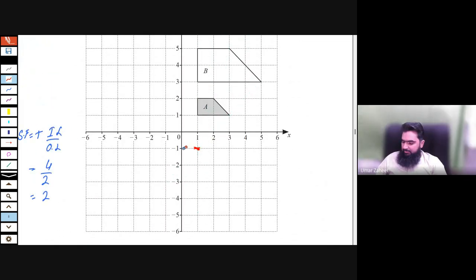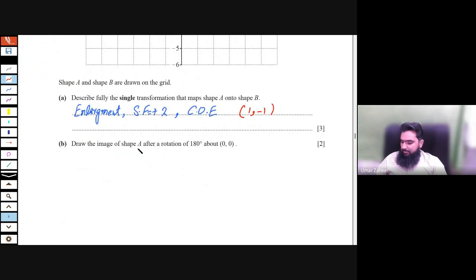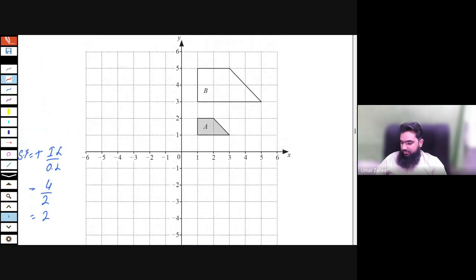All right. In the next part, draw the image of A after the rotation of 180 degrees about the origin. We need to first find the distance from the center of rotation to the image point. So plus 1, plus 1.